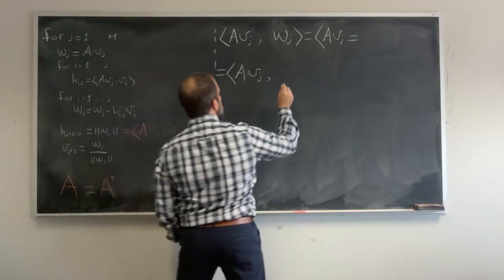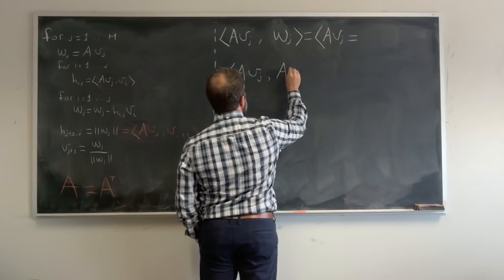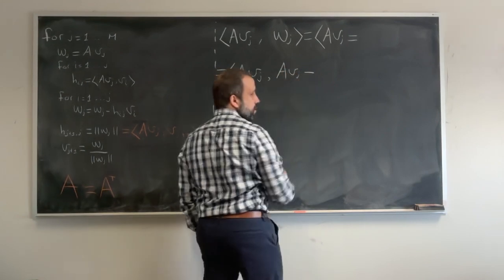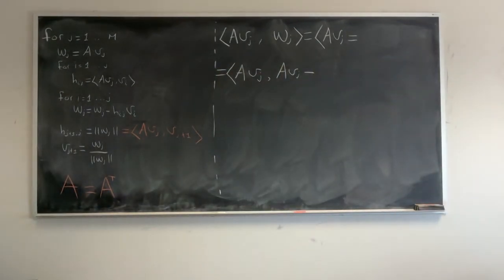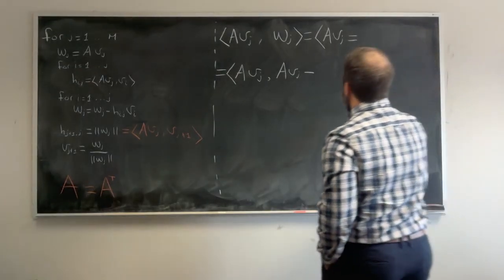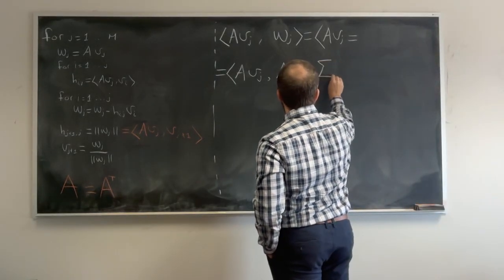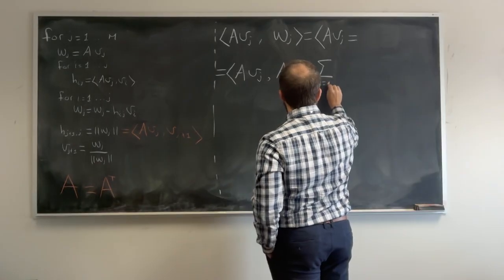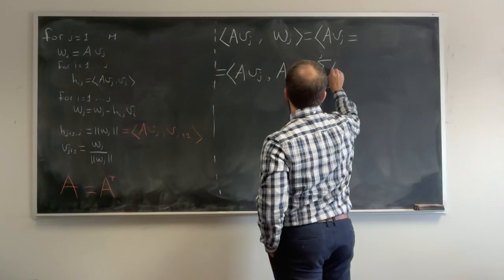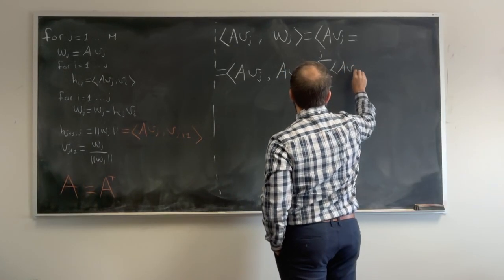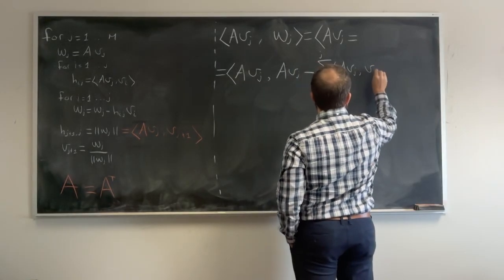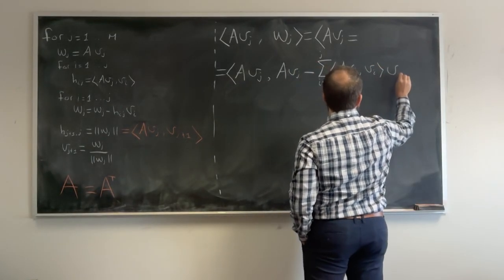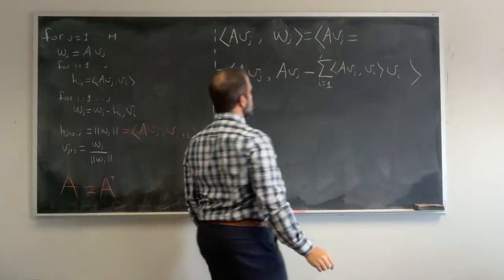Now Wj, as I mentioned, is AVj minus the sum for i equals 1 to j of the inner product of AVj with Vi, times Vi, like this.